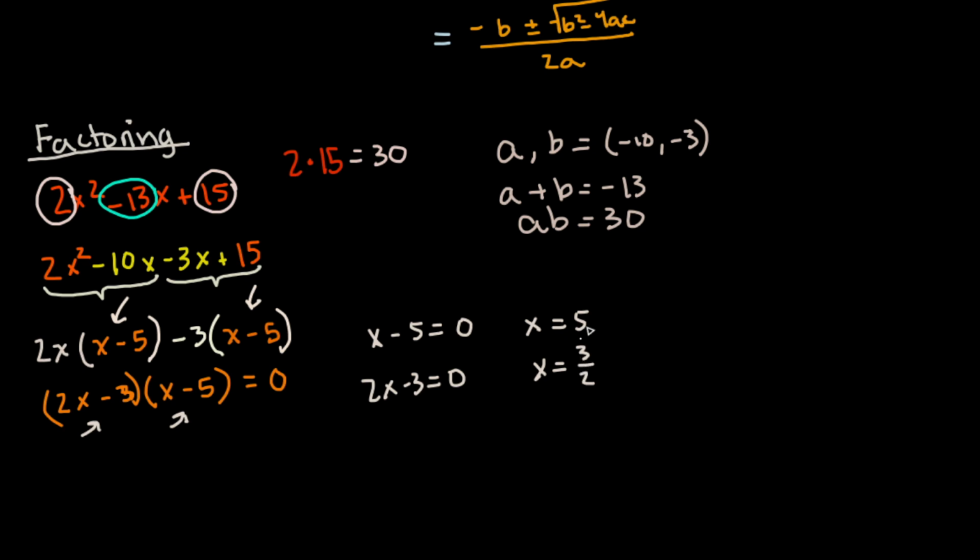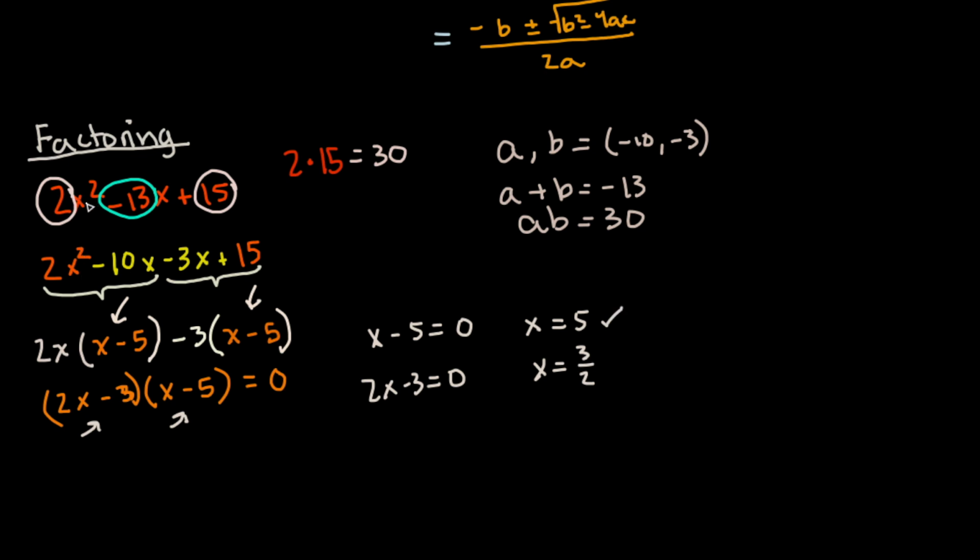So now we can also just substitute this in to see if it works. So let's see. 2 times 25 is 50, minus 65 is negative 15, plus 15 is indeed equal to 0, so this is a correct solution.